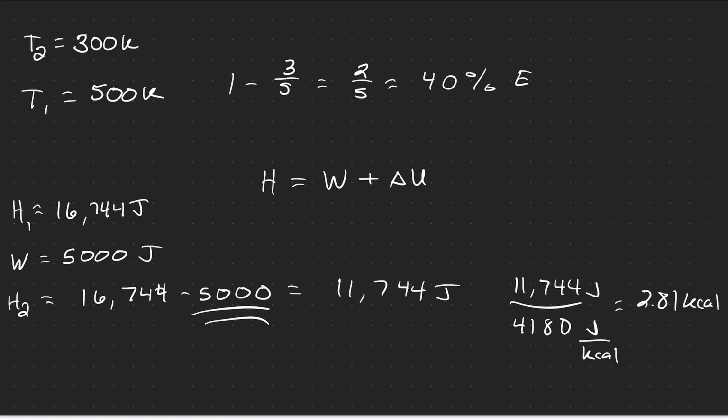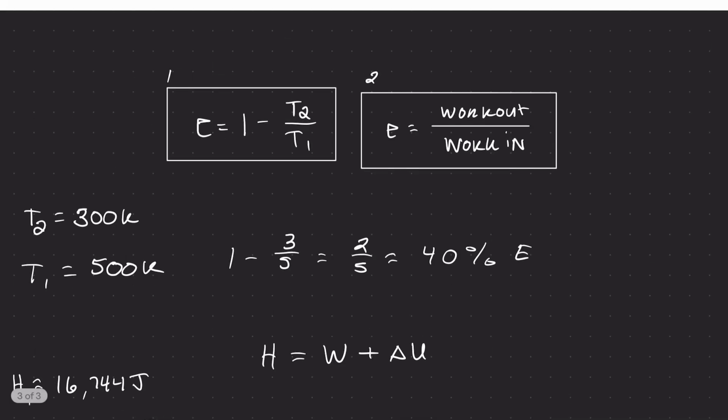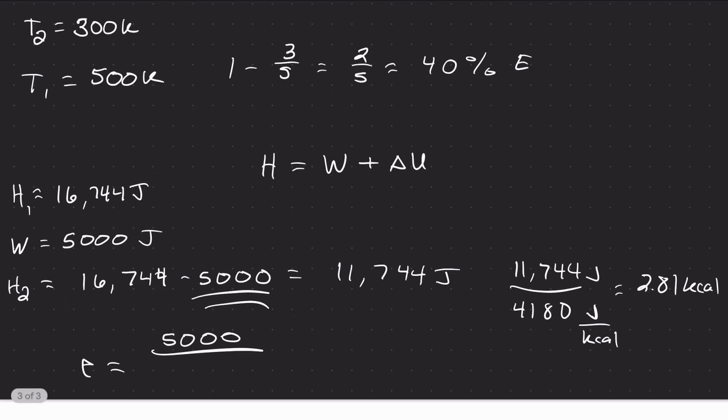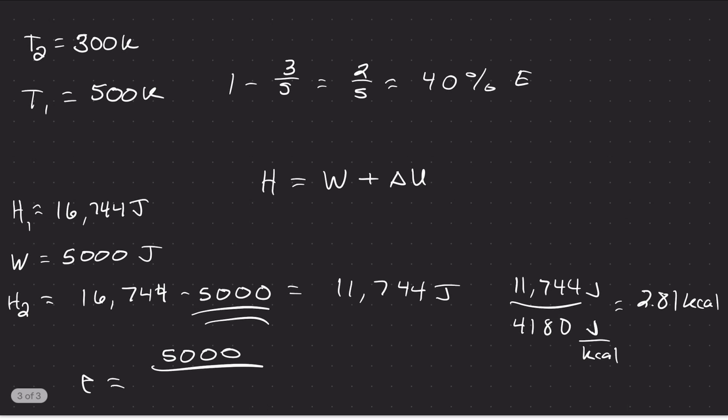And then what's our total work in the system? That was also given, and that was 16,744. And so the computed efficiency of this specific engine that experimentalists look at is roughly 0.29, or 29%.